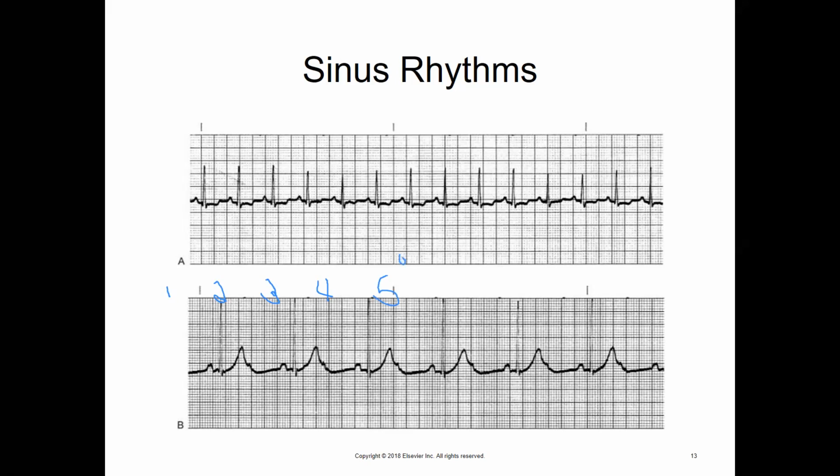You're going to count between that mark up there and that mark there. Does that make better sense? So it would be 50. I think the drawing's off a little bit somehow, so it's kind of confusing. And again, don't get too caught up on it. You're not going to be given a strip and asked what the rhythm is. We're just wanting you to be familiar with the basics of the EKGs and looking at them.